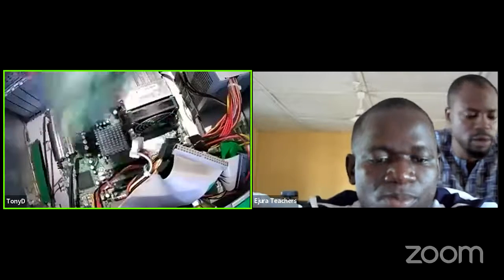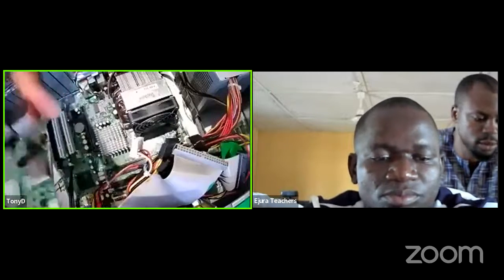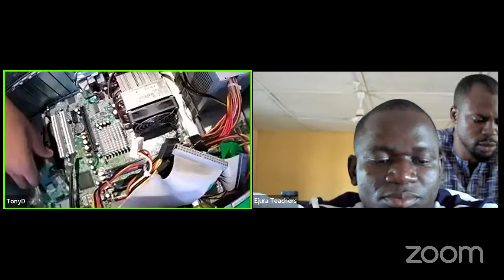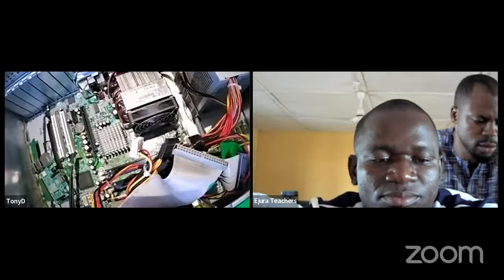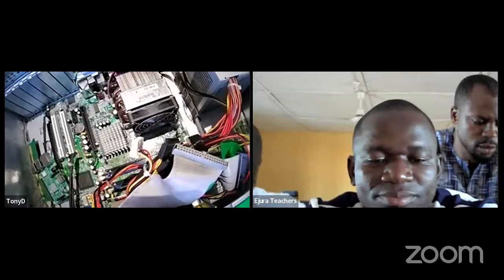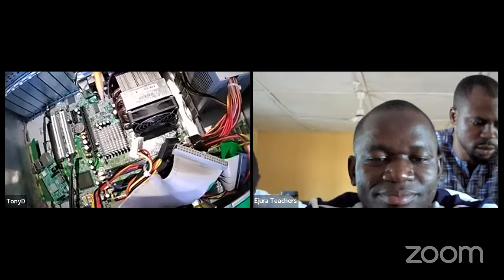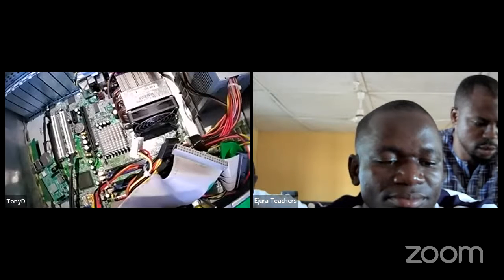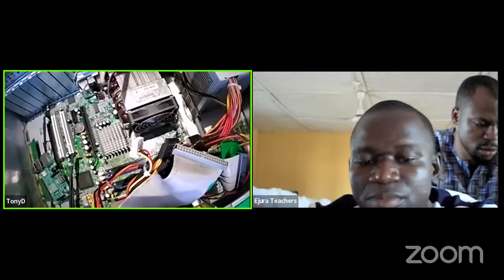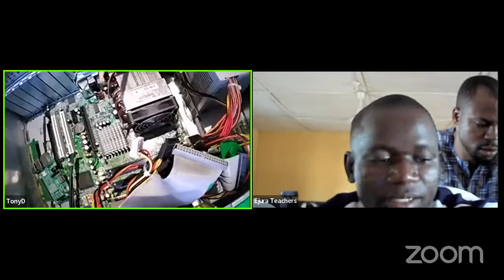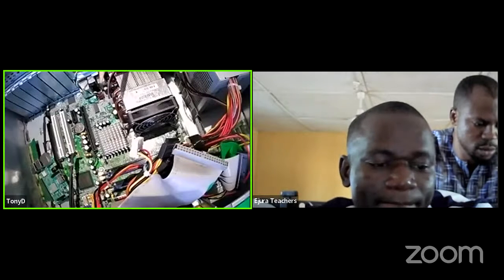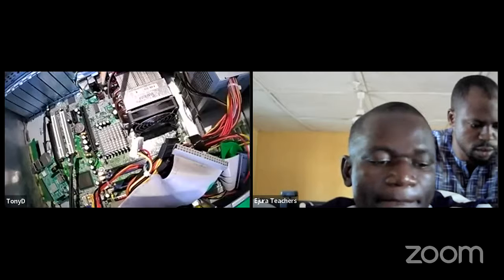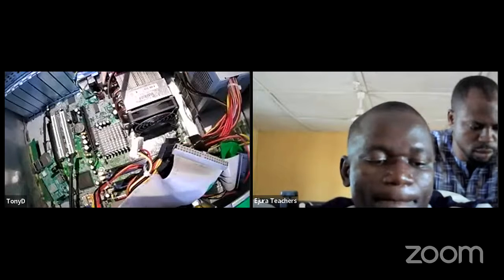You will see all these components. The CPU, I will show you how the CPU looks like and where it is. This is how the CPU looks like.